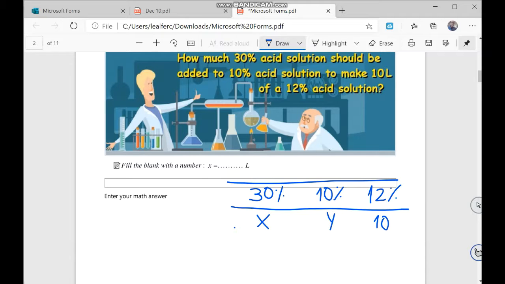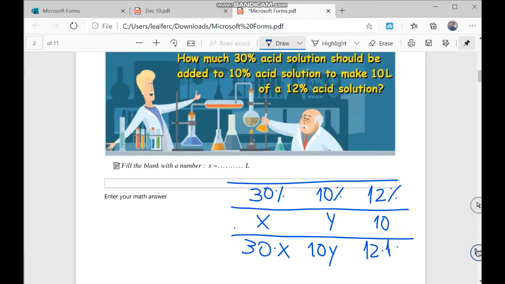And finally, on the last line we write the multiplication of the percentage times the volume: 30 times x, 10 times y, and 12 times 10. Okay, now we complete the table.